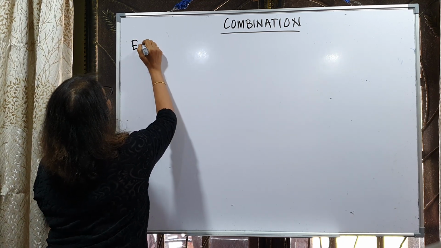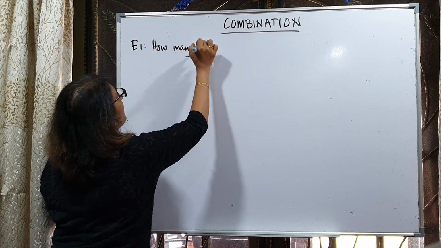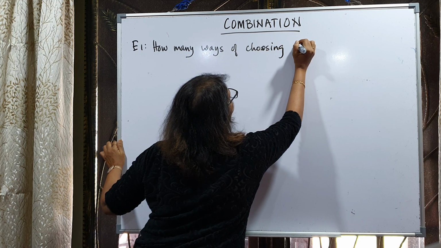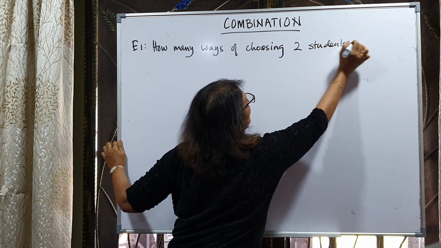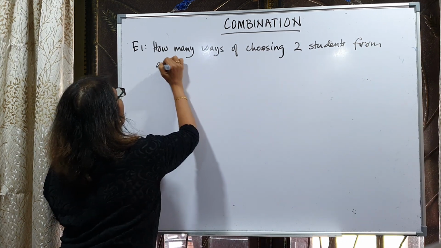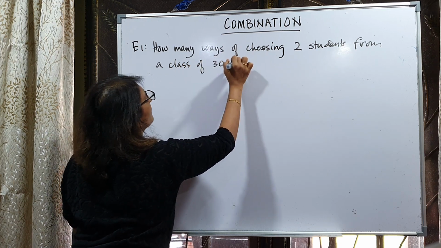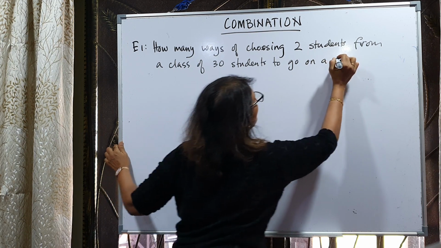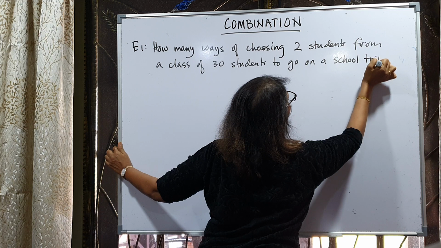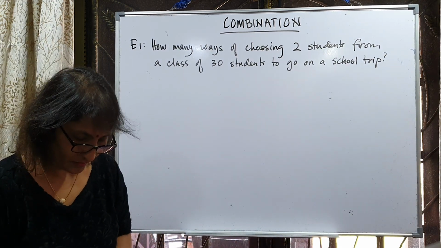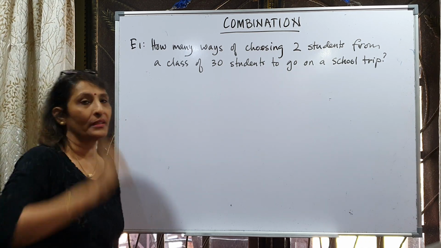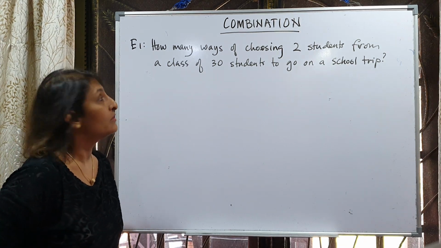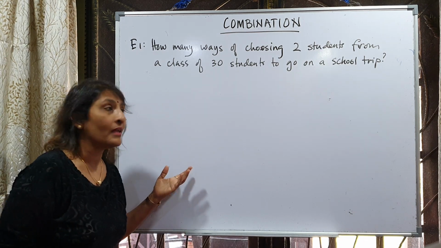Example 1. How many ways of choosing two students from a class of 30 students to represent the class to go on a school trip?